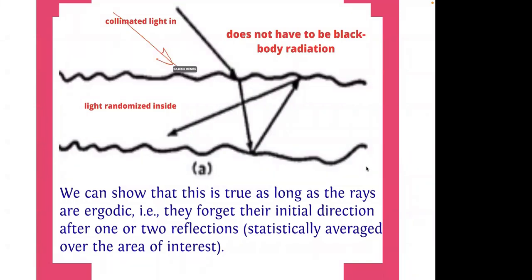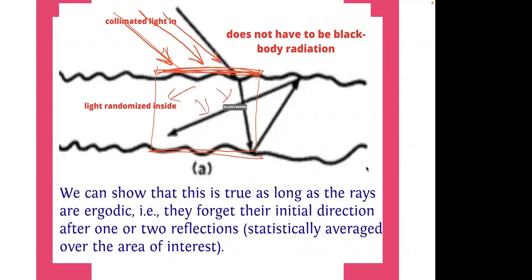You're looking at some area here, and a volume associated with that area. Even though you came in with a single direction, once you look inside here, it will be in all kinds of directions. That's what that means, statistically.